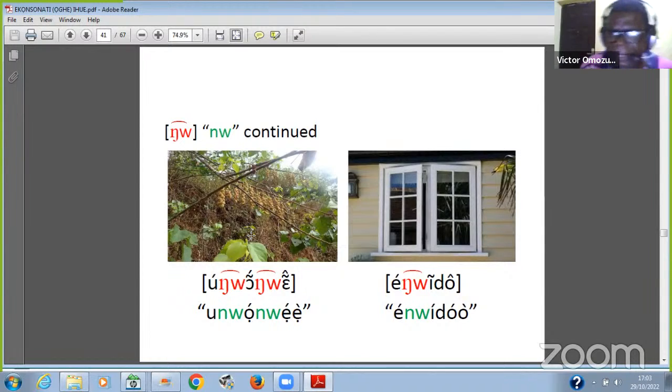As you can see it in the picture. Then over there, a window. Enwido. So when an average Edo person is pronouncing the English word window, they will say Enwido. They pronounce it window if they are pronouncing the English word, but it's borrowed into Edo as Enwido.